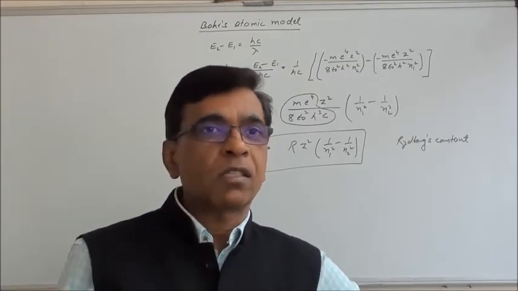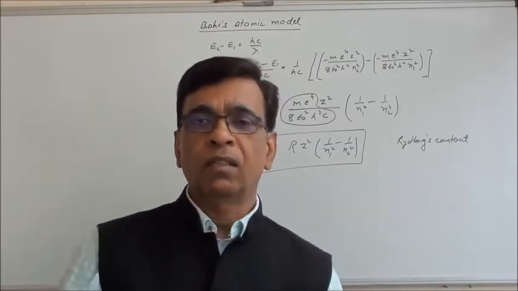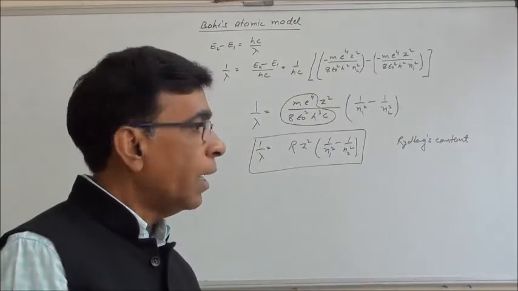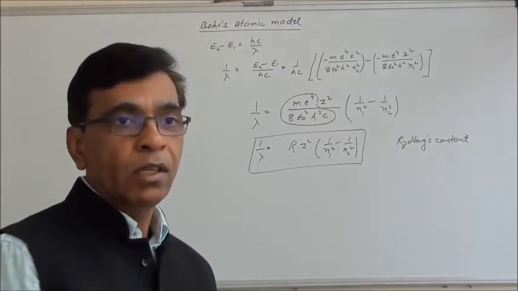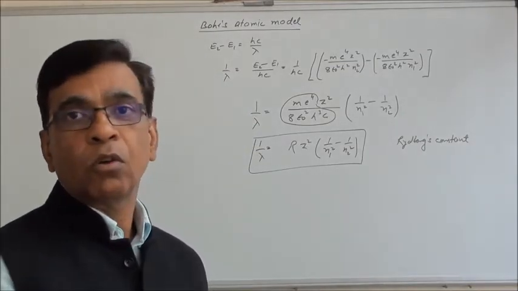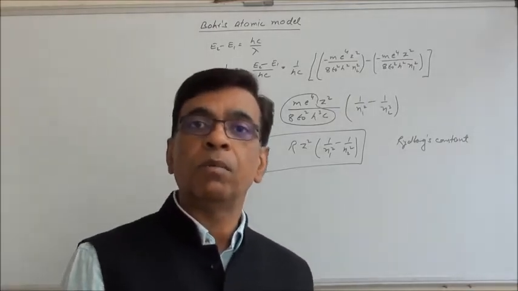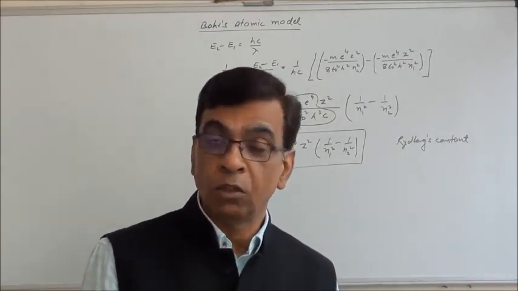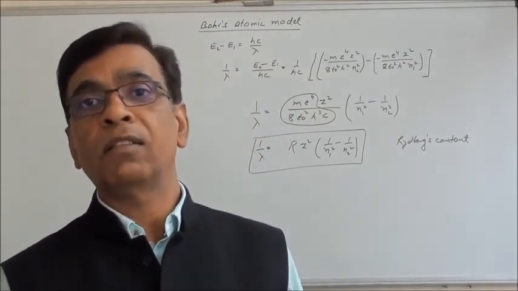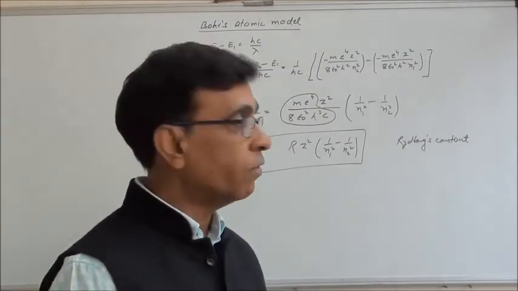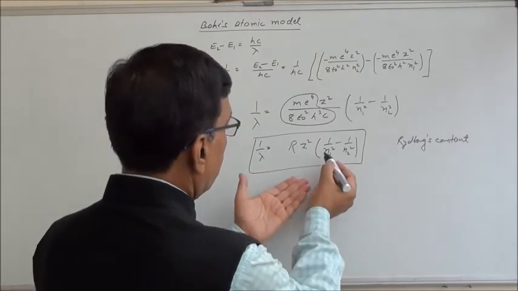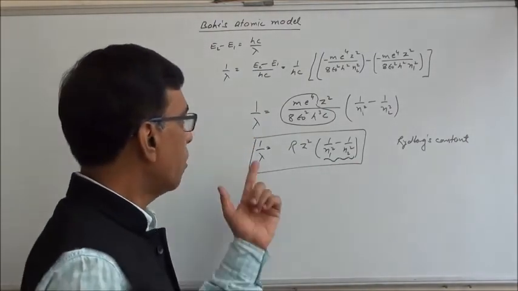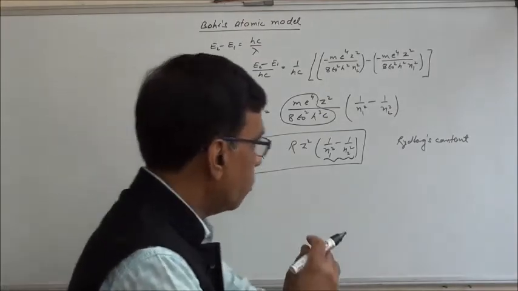We can pass this through a prism, and they will be separated. It is found that these radiations are not just confined to the visible range. They are in the UV region, in the infrared region, and also in the far infrared regions.